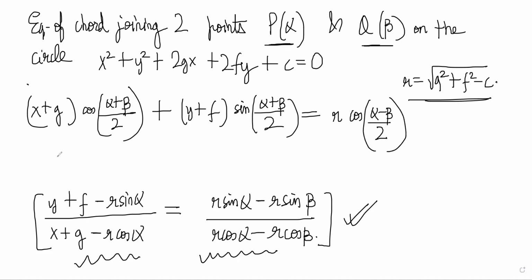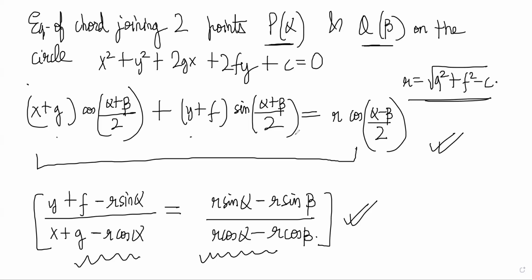So notice it is similar to the parametric forms joining two points on an ellipse and stuff. But you should remember this result. Here g, f represent the center of the circle. So if the center of the circle was origin, you will have simply x cos alpha plus beta by 2 plus y sine alpha plus beta by 2 is equal to r cos alpha minus beta by 2, right?